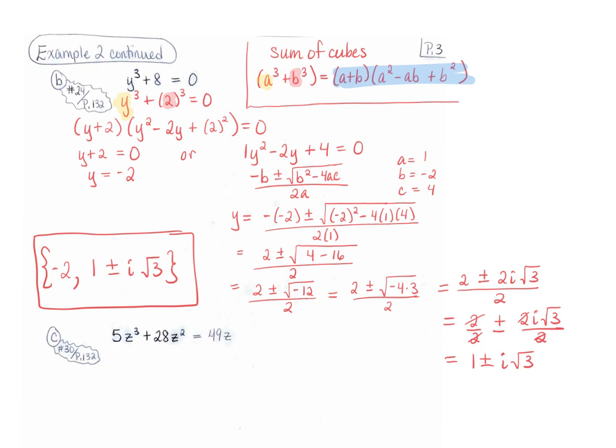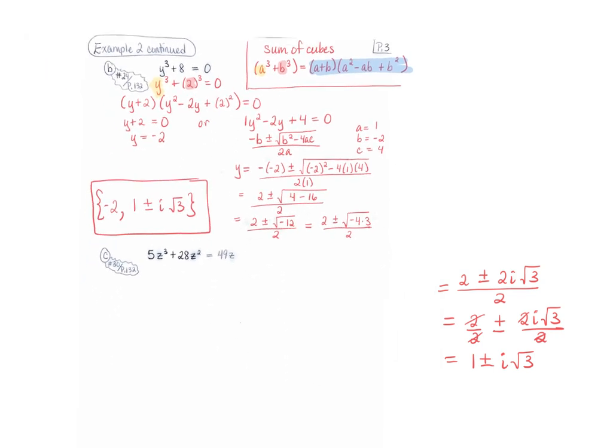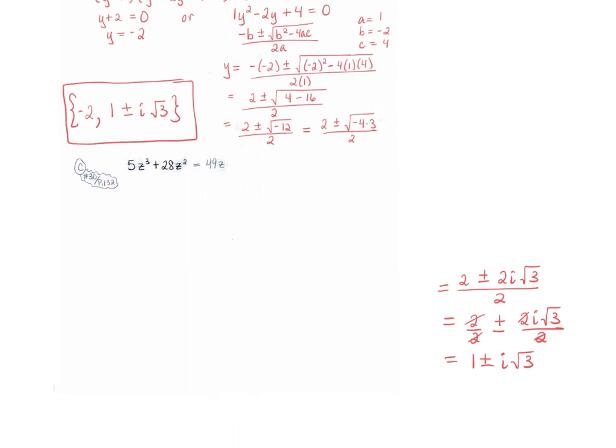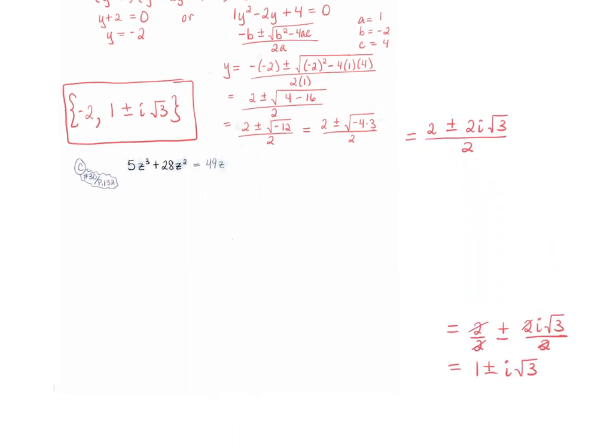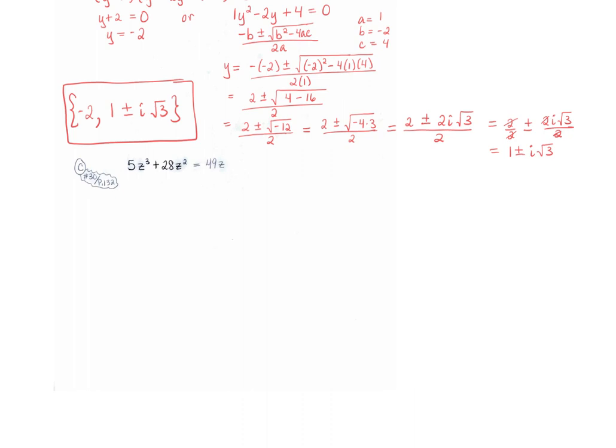Now, part C. Here, we have 5z cubed plus 28z squared equals 49z. So, we are going to start this one by subtracting 49z from both sides to get this equation equals 0.